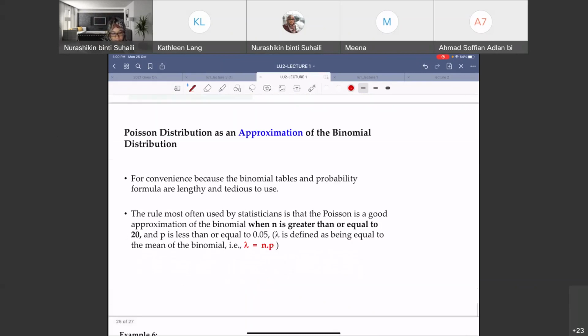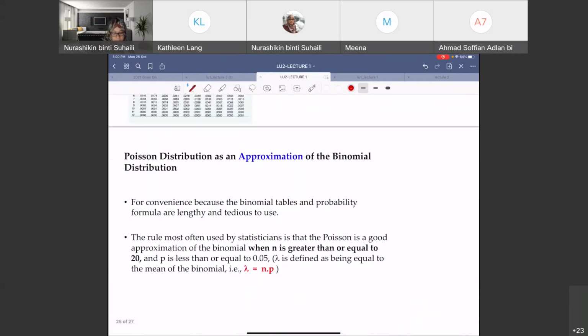Okay, there is another case. This is the last one, when we want to use Poisson distribution as an approximation of the binomial.